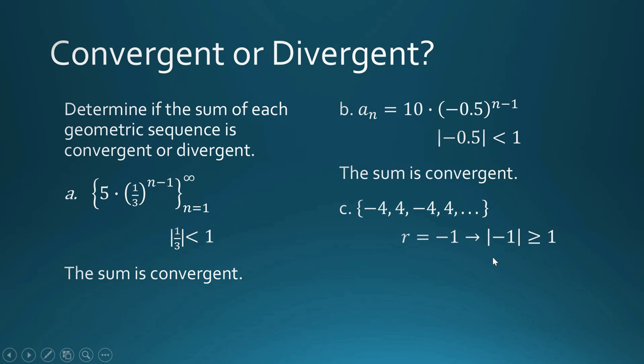And the absolute value of -1 is equal to 1. So this means if we were to get the sum of this geometric sequence, that sum does not exist. It has no finite sum. Or we say that the sequence of partial sums arising from this sequence is divergent.